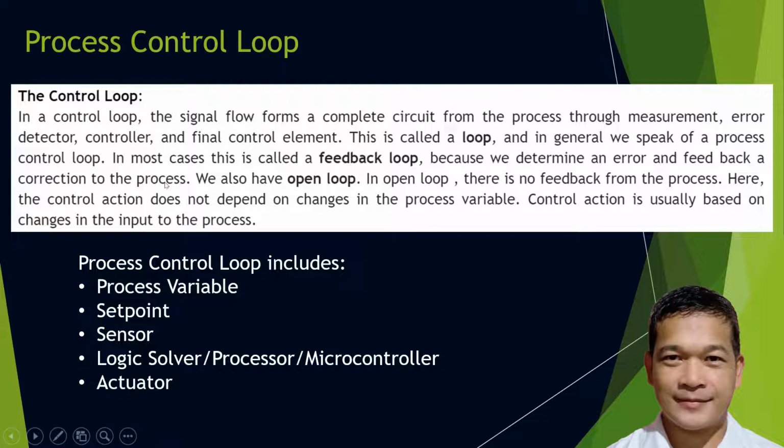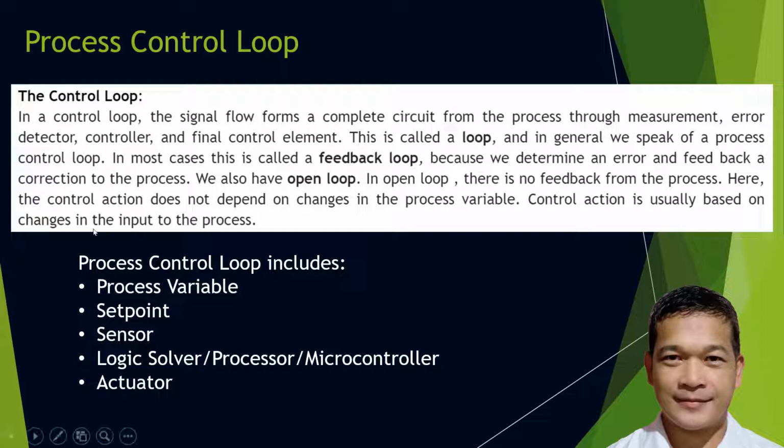Okay, so a process control loop includes the process variable, such as temperature and level. The set point is a point or set of temperatures that you set to activate and deactivate your actuator.